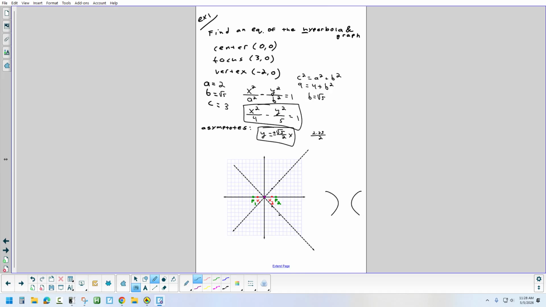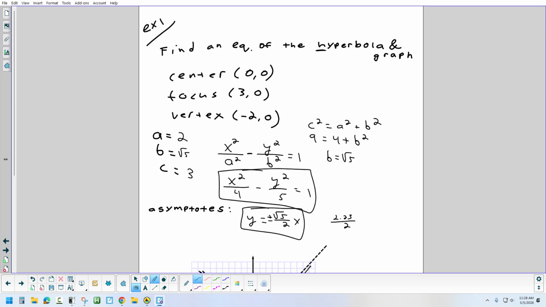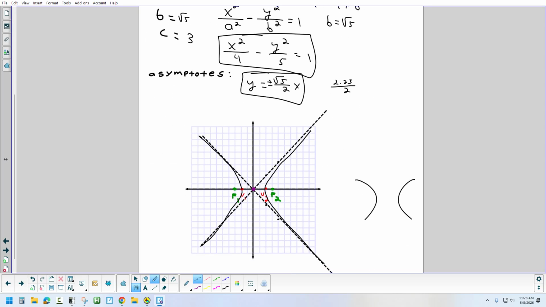So it's easier to draw if it's not as big on the screen for me. It's going to go through the vertex, get closer and closer. And the same thing here. Stay close to the asymptote, curve away, and then start getting closer. So that's a picture of what it should look like.